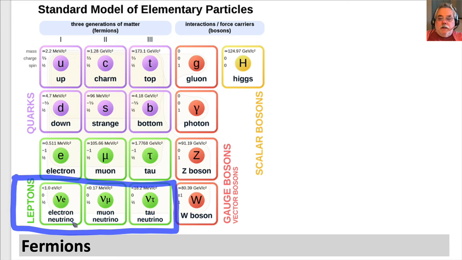The 3 neutrinos, electron neutrino, muon neutrino, and tau neutrino, have 0 electrical charge, so they are not affected by electrical attraction, magnetism, electromagnetic fields, or photons.